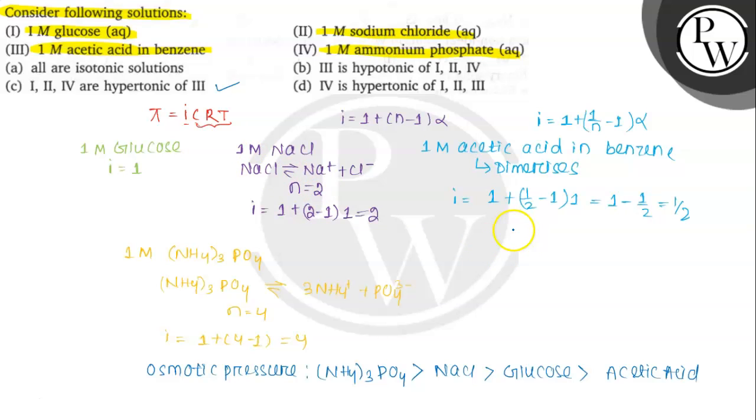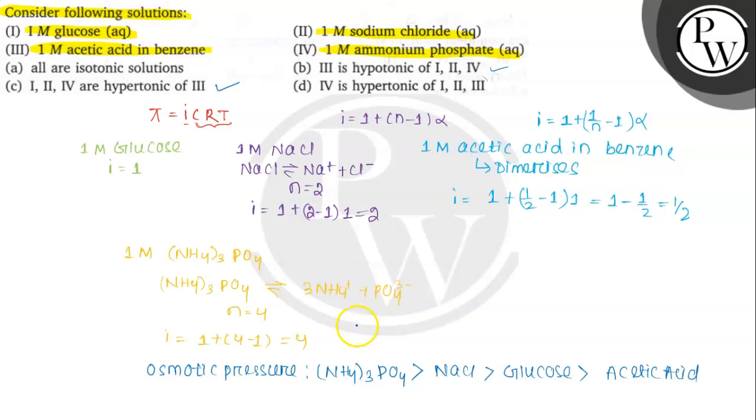Yes, because hypertonic means that in comparison to one solution, the other solution has higher osmotic pressure, and if lower then it is hypotonic. So it is also correct. Then 'IV is hypertonic of I, II and III': IV, that is (NH4)3PO4, is hypertonic, meaning more osmotic pressure, because the others have 1, 2 and 1/2.